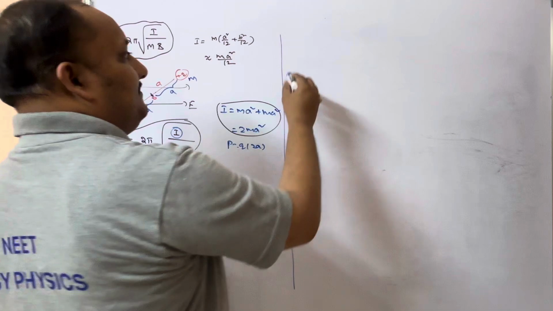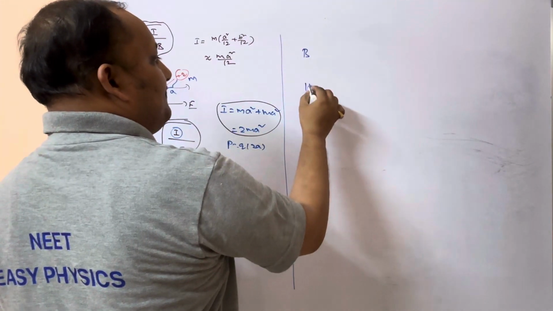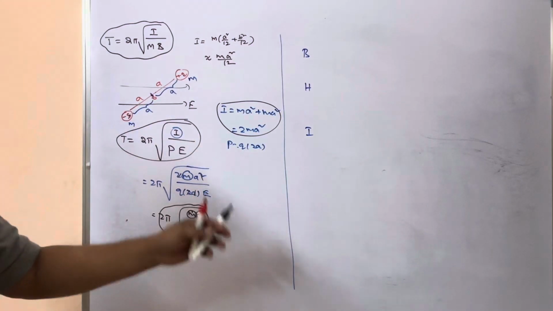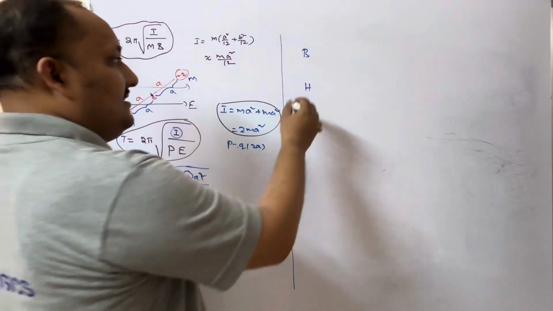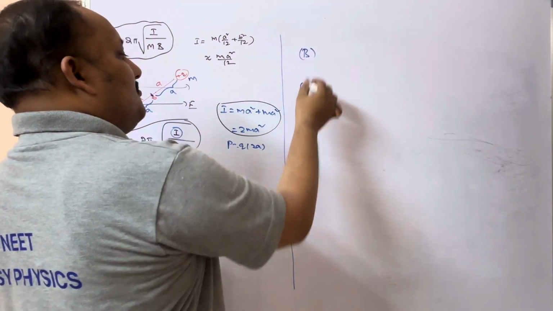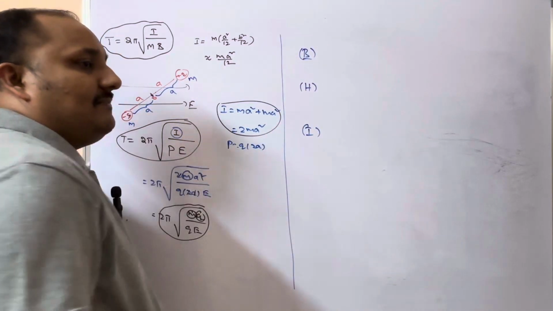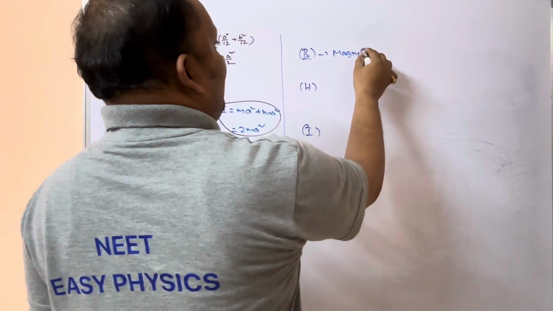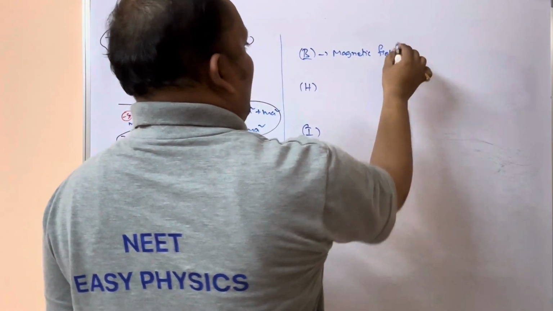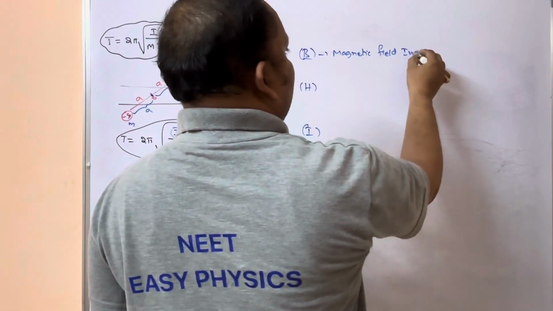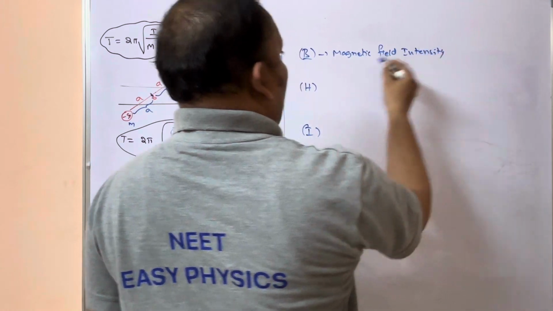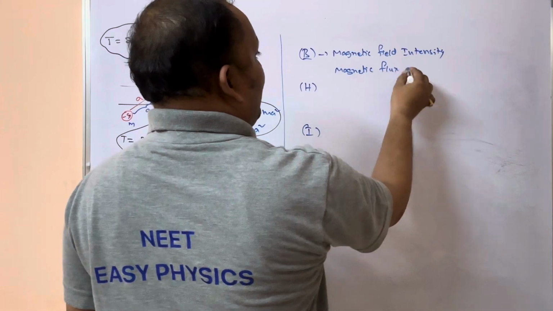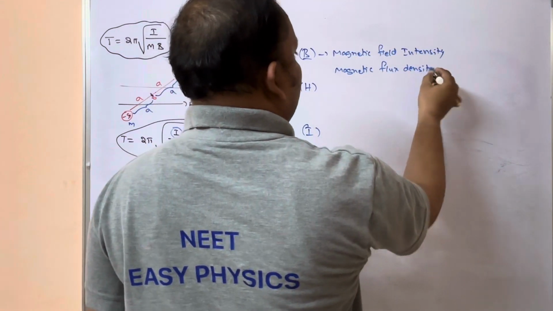Next we will see the relation between B, H and I. These are very important and confusing relations. So what is capital B? Capital B means the magnetic field, or magnetic field intensity, or magnetic flux density.